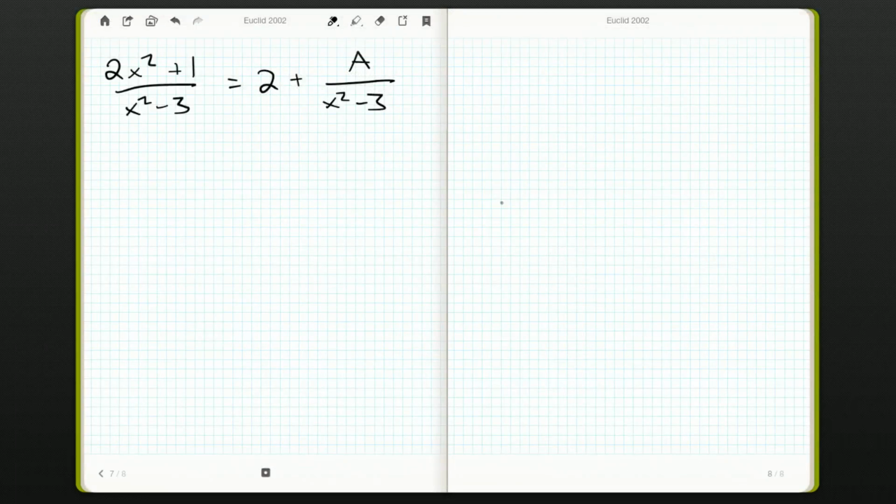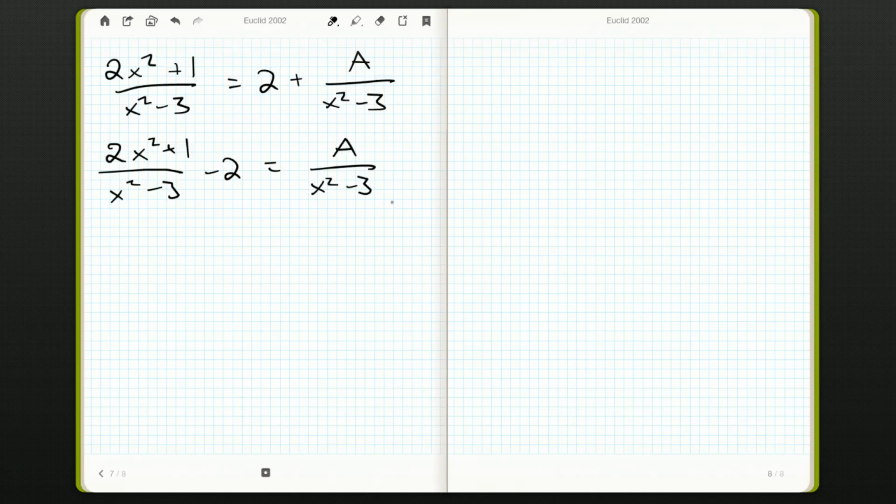Okay. Well, I've got this a over here. I'd really like to get him all alone. So one thing I might do is subtract 2 on both sides. That brings the 2 over here as a minus 2. Well, I'd like to get this a by himself.